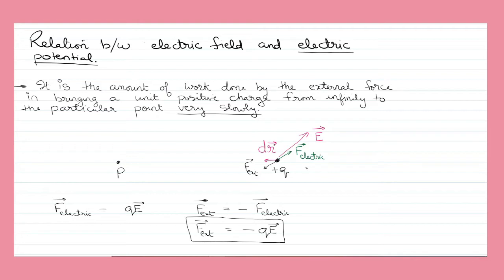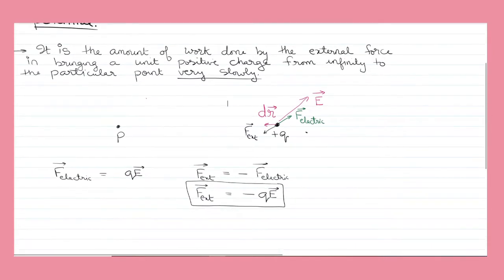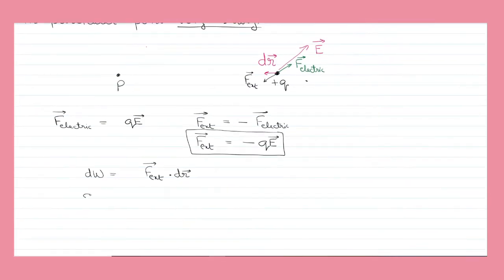So the work done by the external force, dW, will be F external dot dr. So this dW will be minus qE dot dr. So the total work done will be the integration of dW.